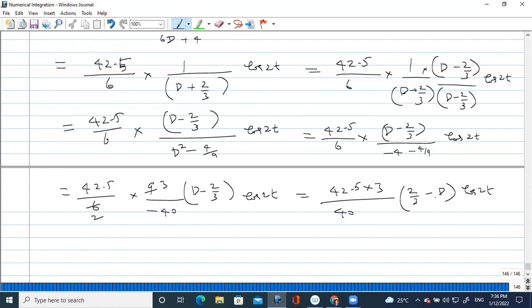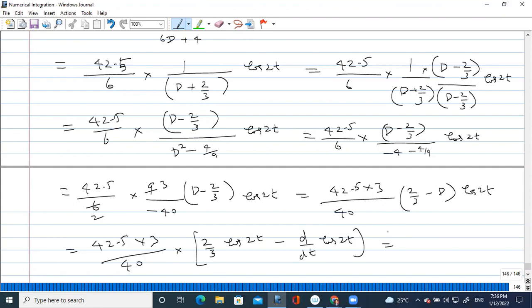So now cos 2t, now you can multiply inside. So it will become 42.5 into 3 divided by 40 into 2 by 3 cos 2t. Okay. And minus D, you can write d by dt of cos 2t. So you can differentiate it.